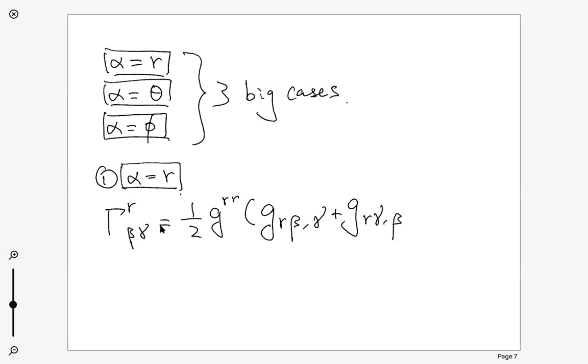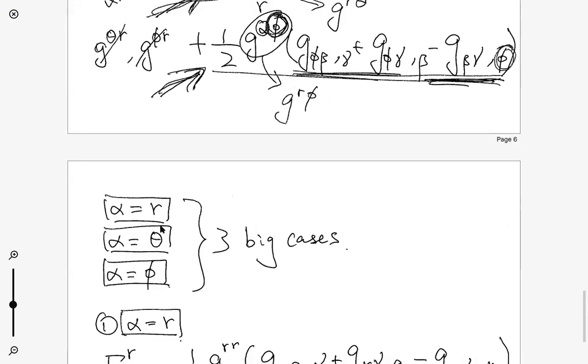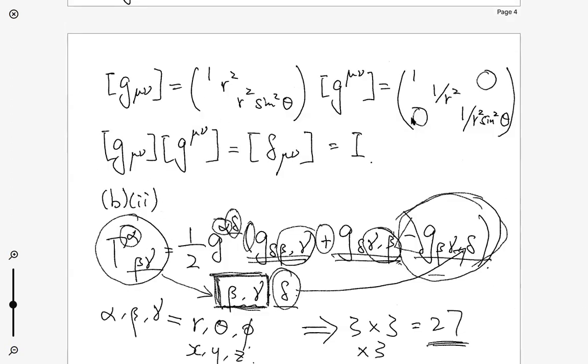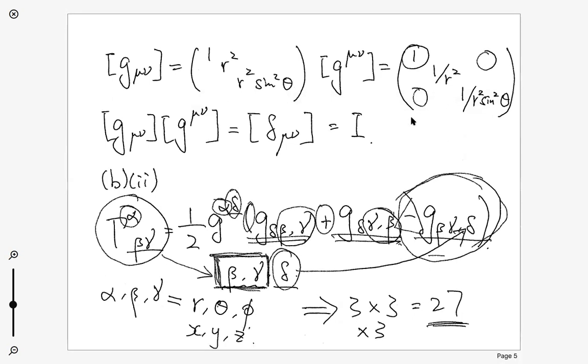Again, these two indices are the non-special ones. And then minus, which is special, and beta, gamma, the non-special one. I guess the special one are here. Okay. And then if we recall what GRR is here, GRR, the inverse metric, is 1 here, right?